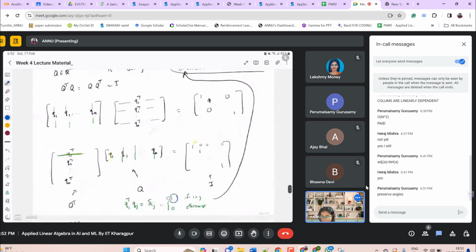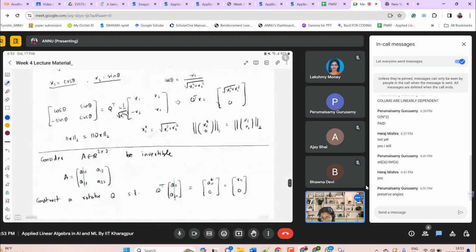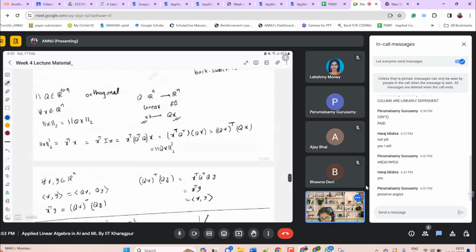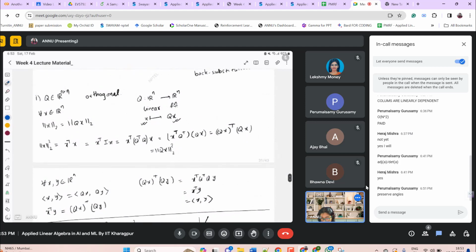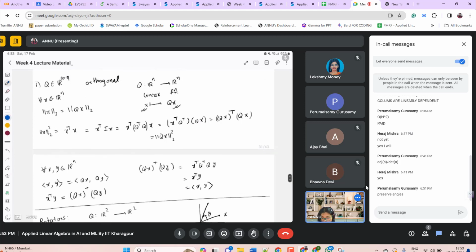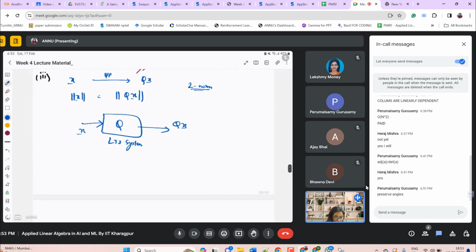Just give me a second, I'll just tell you. Yeah, so Goswami has correctly pointed.